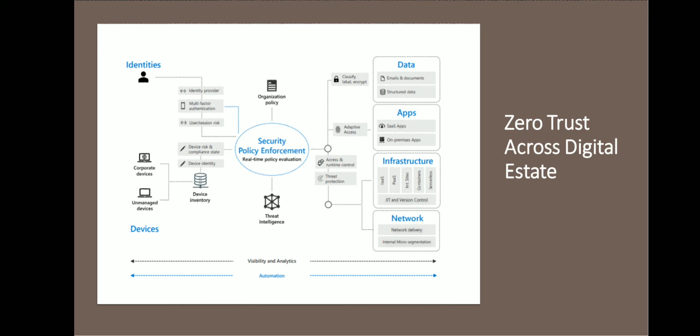So when we say data, have you classified, have you labeled, have you encrypted the data? Similarly, when we talk about corporate devices and unmanaged devices, your device risk and compliance state, how is it governed? Now device identity, do you have a centralized security policy enforcement, where your policies are evaluated in real time?